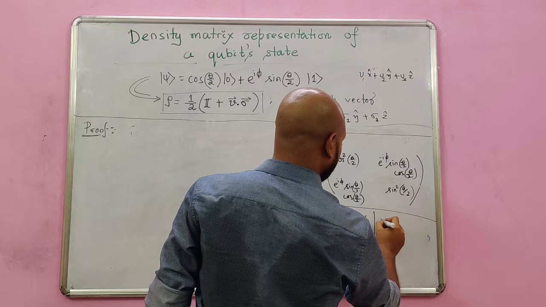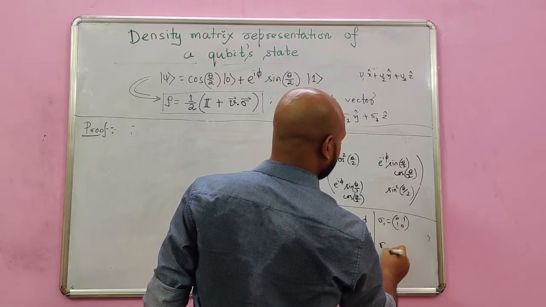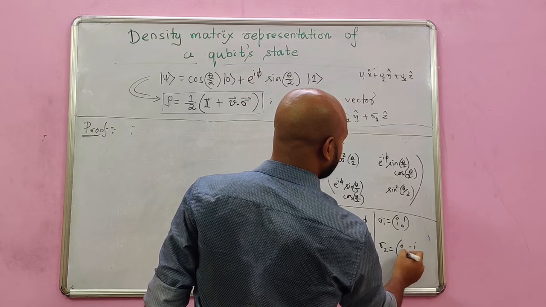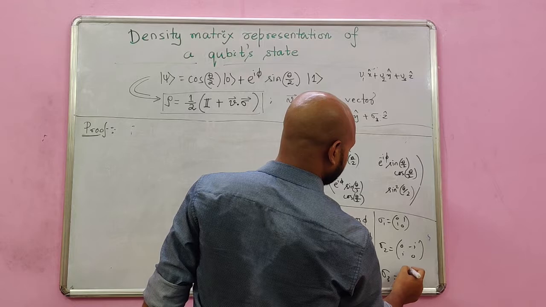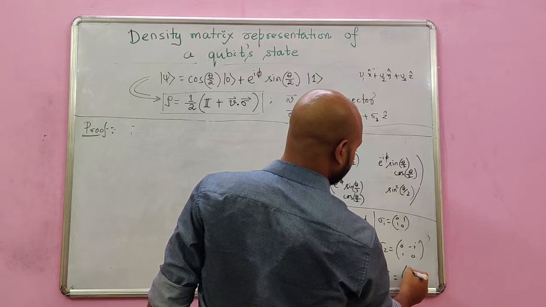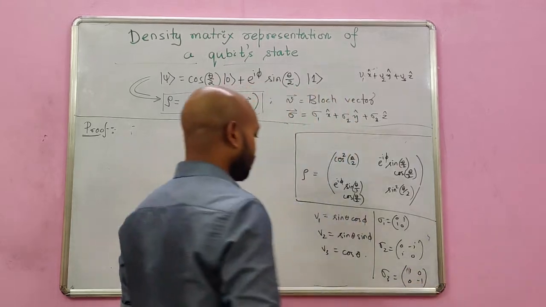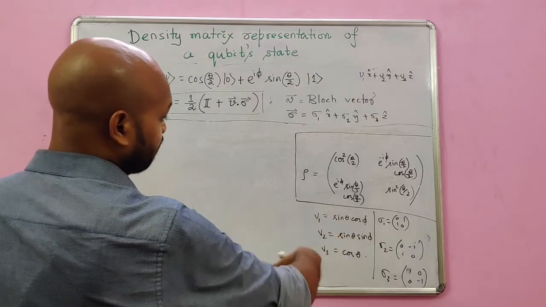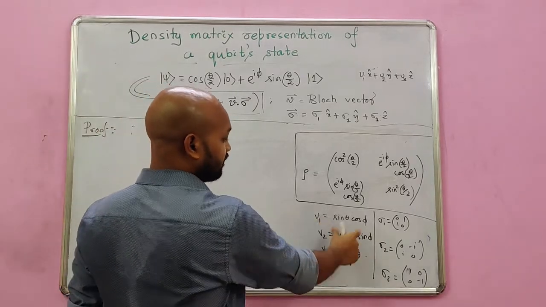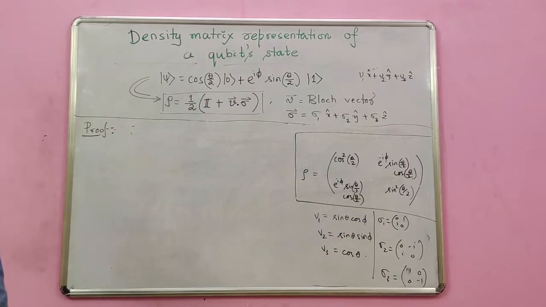We know that sigma 1 is the sigma x matrix, 0 1, 1 0. Sigma 2 is 0 minus i, i 0, and sigma 3 is 1 0, 0 minus 1. So we would decompose it in such a way that ultimately we get these in terms of V and sigma. Alright, let's proceed.